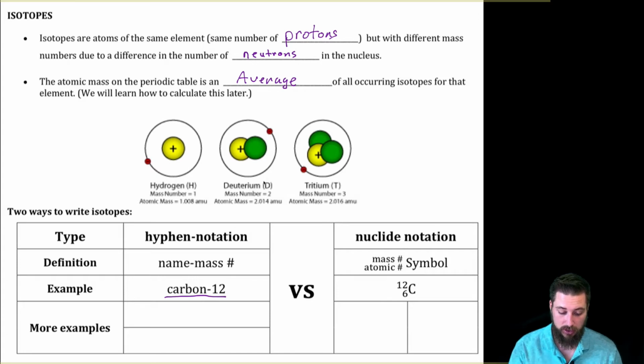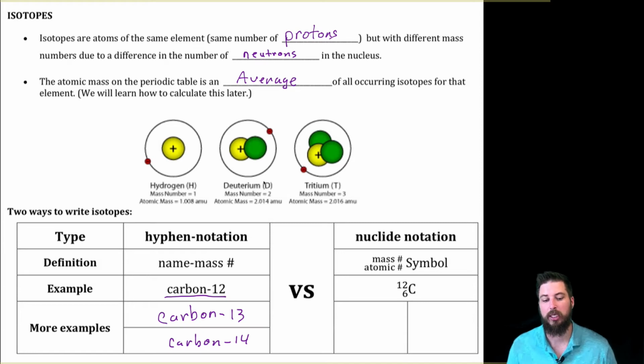And so here are some more examples. We have carbon 12, we also have carbon 13, and we also have carbon 14. Now notice how carbon 13 and 14 have different masses, but all 3 carbon atoms will have the same number of protons, they just have a different number of neutrons.